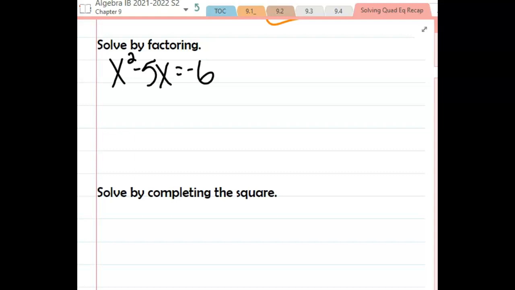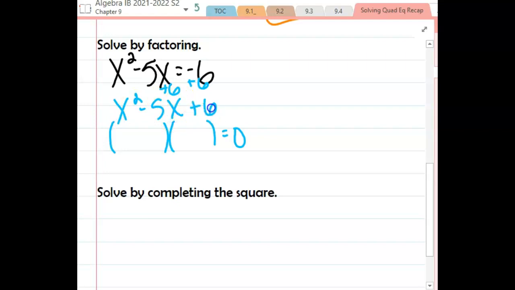Now here's the thing, guys. To solve by factoring, what you're trying to get this to look like is something times something equals 0. So the first thing you have to do is set it equal to 0. So I need to add 6 to both sides. So we have x squared minus 5x plus 6 equals 0.